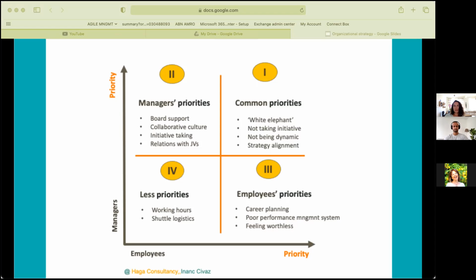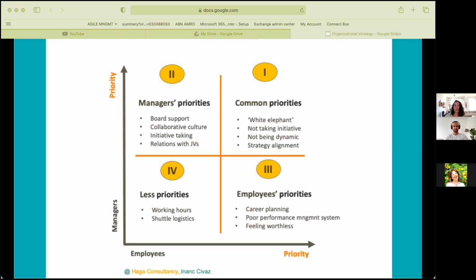As you see at quadrant 3, we see what is important for the employees. For example, career planning, performance management system, and feeling worthless were the most important things. But on quadrant 2, we see the managers' priorities, which has nothing that is aligned with the employees' priorities.